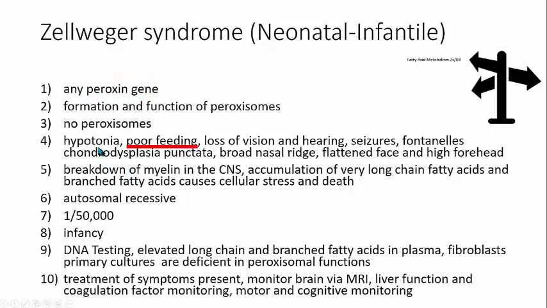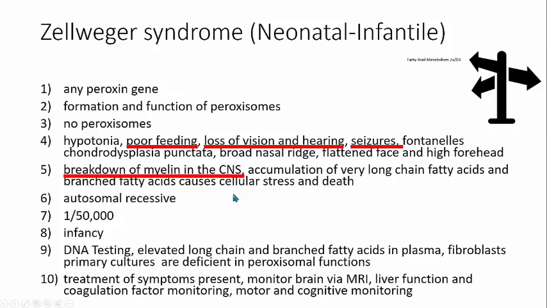It results in extreme hypotonia, poor feeding, and loss of vision and hearing in the children after birth. They typically have uncontrolled seizures. The most important hallmark of this disease is that when we do MRIs and look at the brain, we see a persistent breakdown of the myelin in the central nervous system.